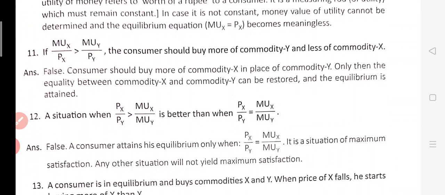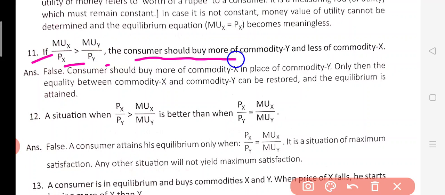Now here there is one more similar question. MUx upon Px is greater than MUy upon Py. The consumer should buy more units of commodity Y and less of commodity X. So what should we do over here? The arrow is open towards X, and what are they saying?